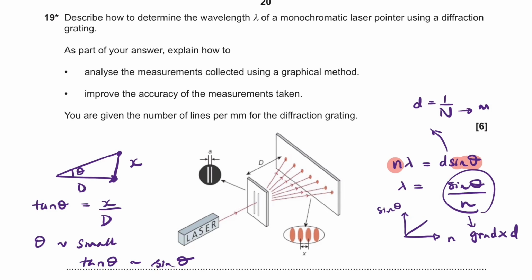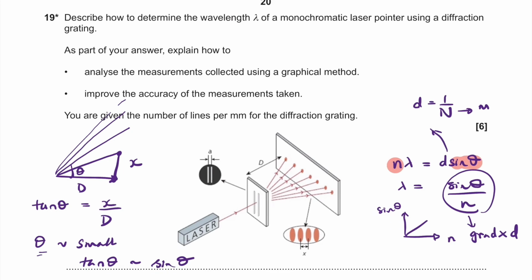So that really helps, because if we can change the order of maxima, so if we go up to second order, our value of theta will change. So on and so forth, we can basically keep increasing the number of orders n and get a corresponding value of theta.